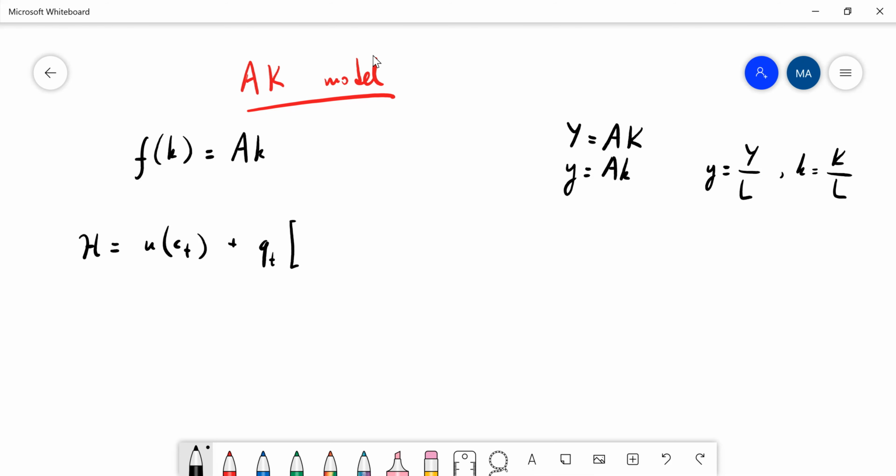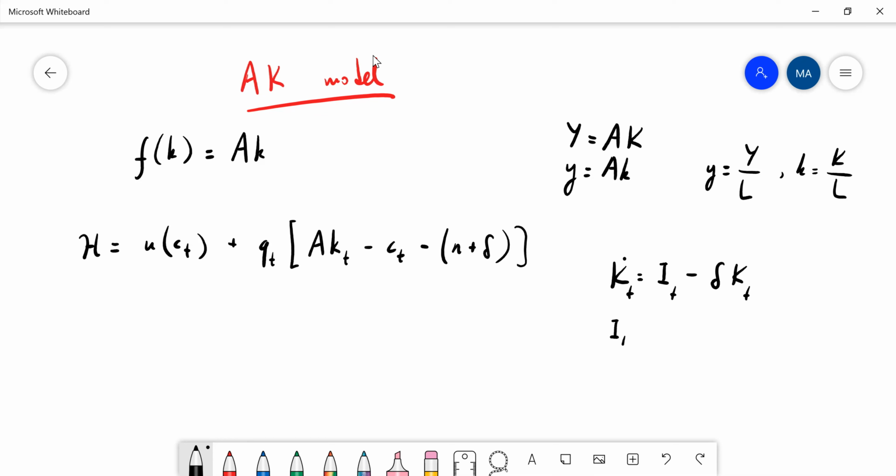It will be f of K, where f of K is AK, minus C. And here you can have, of course, N plus delta, if you imagine that K dot is equal to I minus delta K. And if you imagine that investment per worker will be equal to Y_t over L_t minus C_t over L_t.